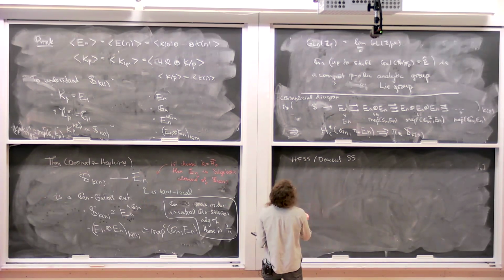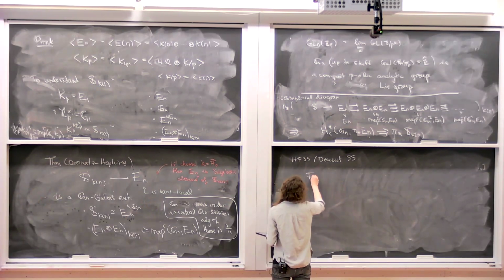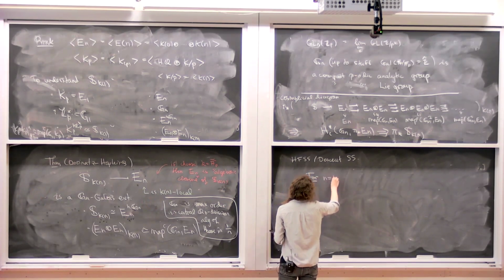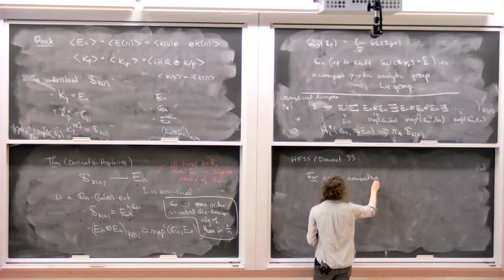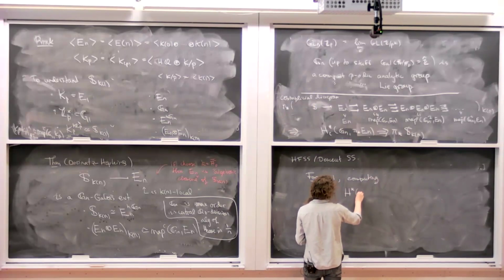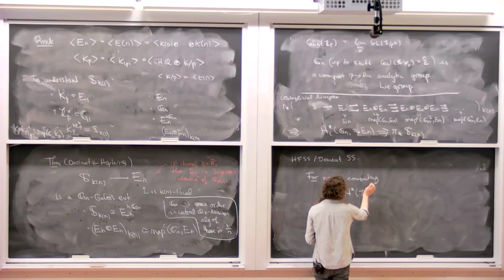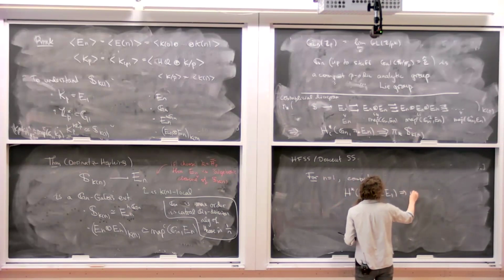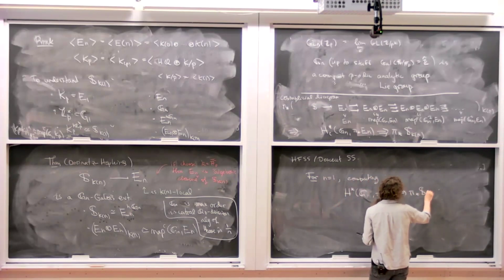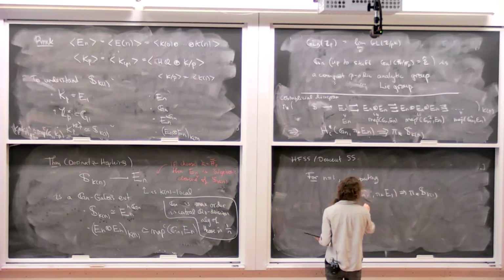Okay, so let me just say that for n equal to 1, computing this spectral sequence, let me write first the abstract way to think about it, and then connect it to K-theory. So what is this?